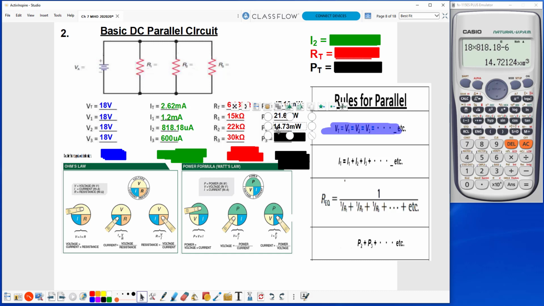It must have rounded up, or I did it a little bit different last time. So see, it says 14.73 is my answer. The calculator says 14.72. Even if you were to do rounding, you wouldn't round the 2. So we've got two different answers here.